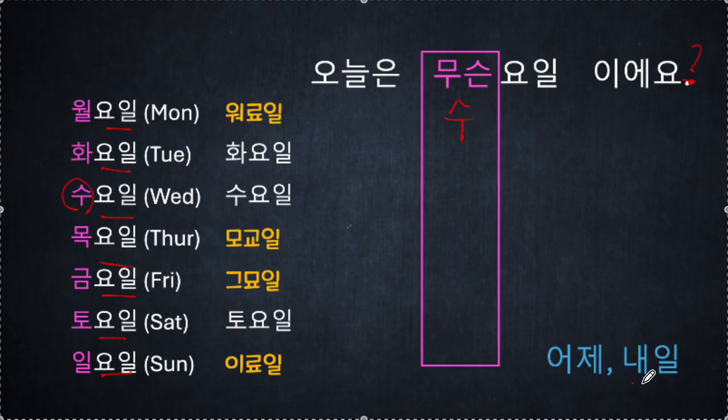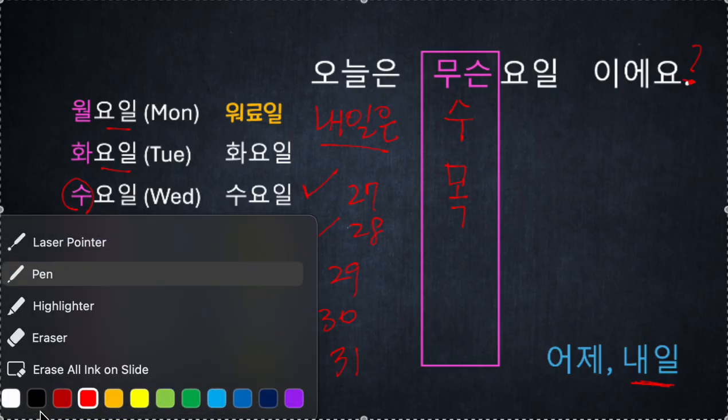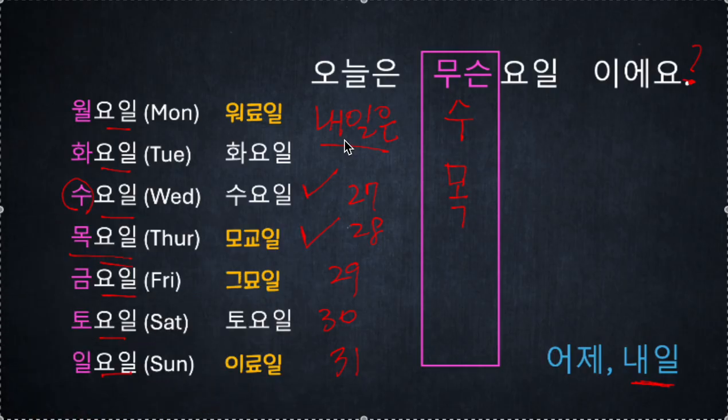If I say 내일, tomorrow. Today is 수요일. 내일은 무슨 요일이에요? Then you will say 내일은 목요일이에요. So today is 27, tomorrow is 28, 29, 30, 31. So if I ask you, not 오늘, not 내일, how about 29일?